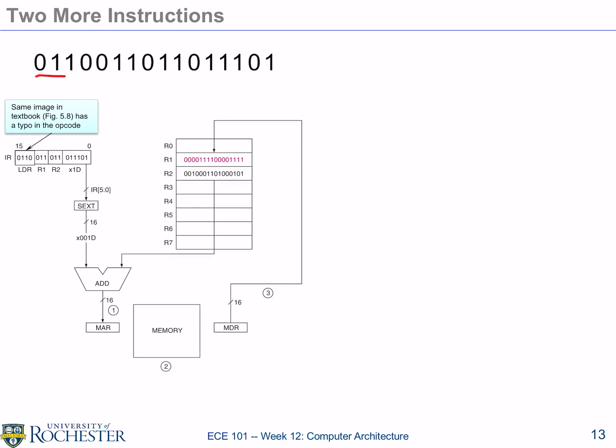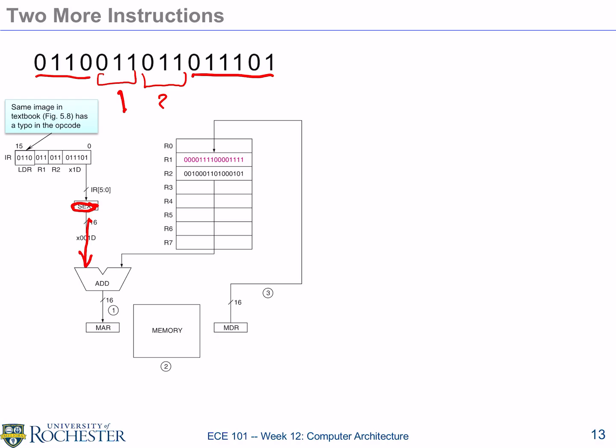In LDR, you have a source register. Now you have 2 registers. One that's the destination. Number 2 is the source register, and you have a much smaller offset. That's only 6 bits in this case. Again, part of the data path shown here. It's 6 bits, sign extended, but you're not adding PC because this is LDR register based access.